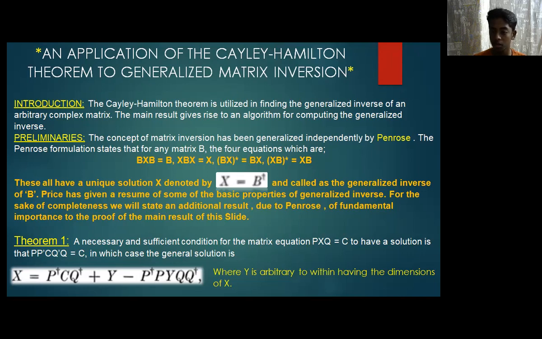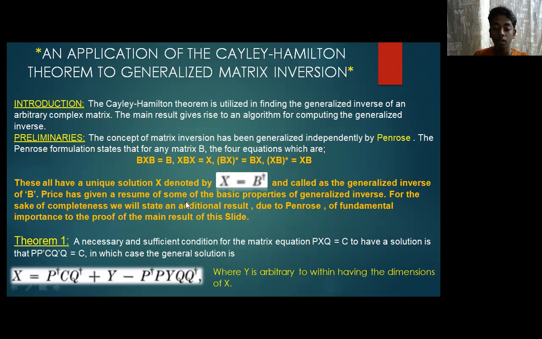Penrose is a mathematician. The Penrose formulation states that for any matrix B, the four equations BXB is equal to B, XBX is equal to X, BX is equal to (BX)*, and XB is equal to (XB)* have a unique solution X, denoted by X is equal to B inverse and called the generalized inverse of B.